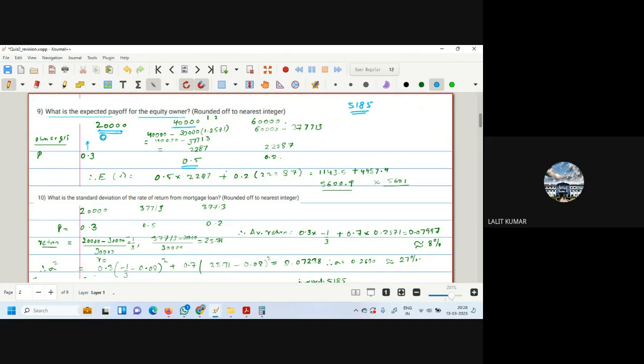Now we know the rate of interest which the guy is charging him, 25.71%, so he will return 37,713. So he gets back only 2287. In the third scenario, he earns 60,000, returns this 37,713, and he gets 22,287 with a probability of 0.2. So his expected value, we can just do this way: 0.5 into 2287 plus 0.2 into 22,287 is 5600.9.